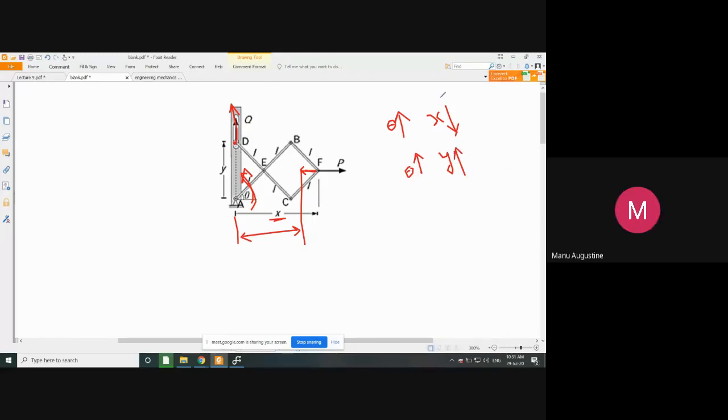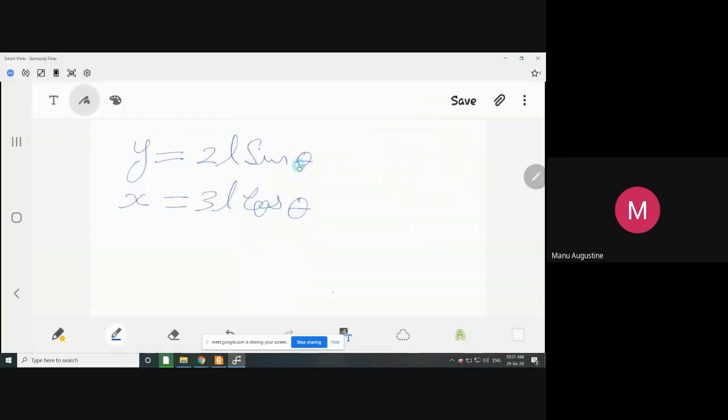Now, this represents a negative relationship and this represents a positive relationship. So what I have to do is, although I have established the relations mathematically for x and y with respect to the common variable theta, now I have to put a proper sign depending on whether with respect to theta the main variable is increasing or decreasing.